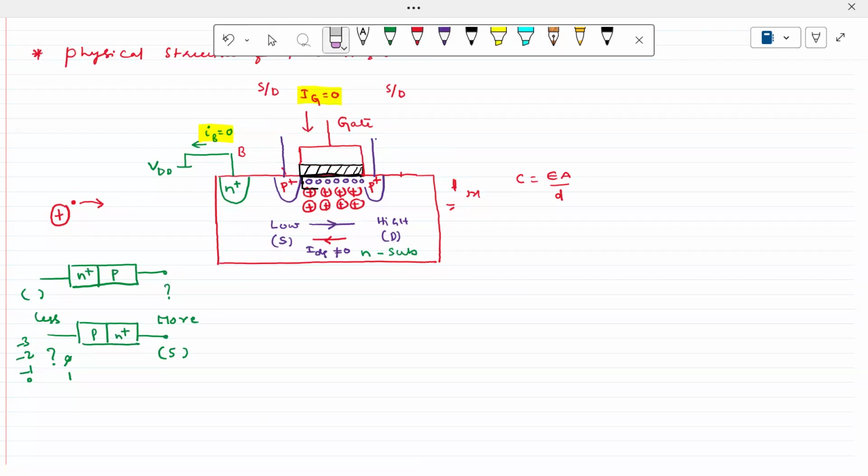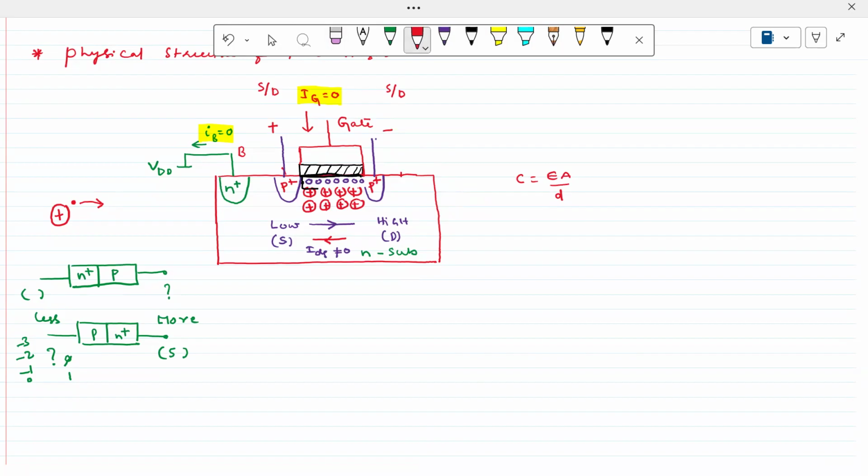Tell me. What potential should I apply at the left side if you want to move the carriers from left to right? High potential. If you apply a positive potential there, then the positive potential repels the holes towards the right hand side, right? If you apply a positive potential here, then holes can move to this side and enter at this side.